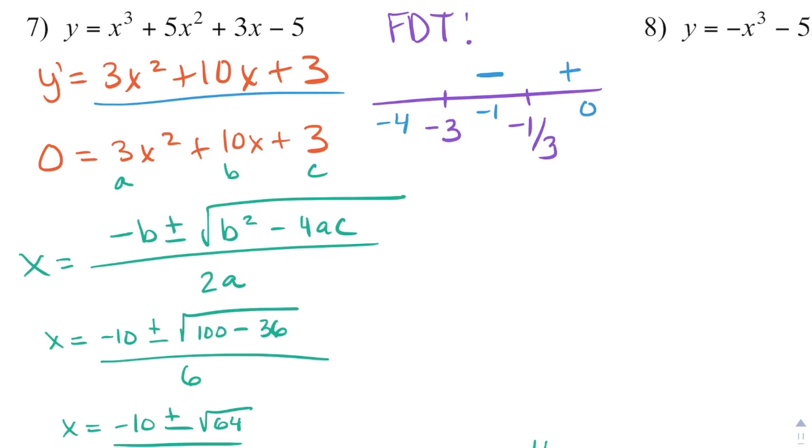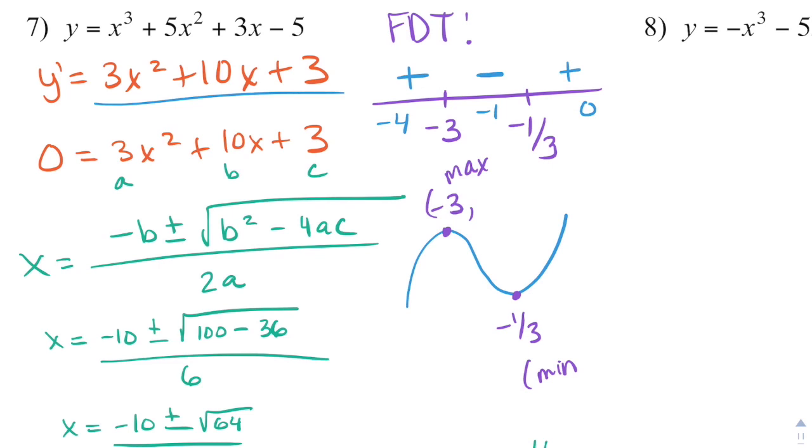If I put in negative 4, negative 4 squared is 16, so 16 times 3 is 48, minus 40 is 8, plus 3 is 11, so it's a positive 11. So my derivative goes positive, negative, positive, which means that at negative 3, comma something, I have a max. And at negative 1/3, I have a min.